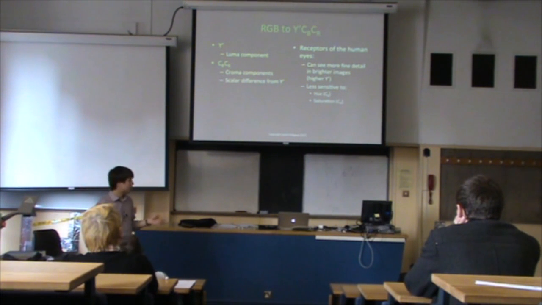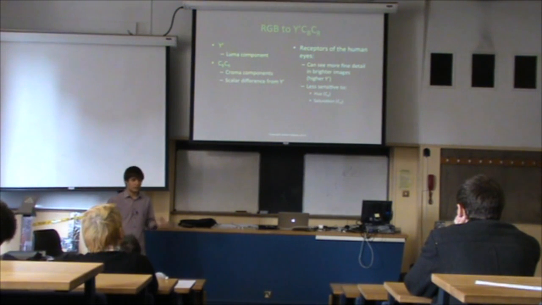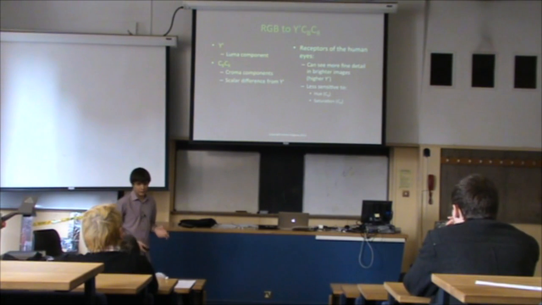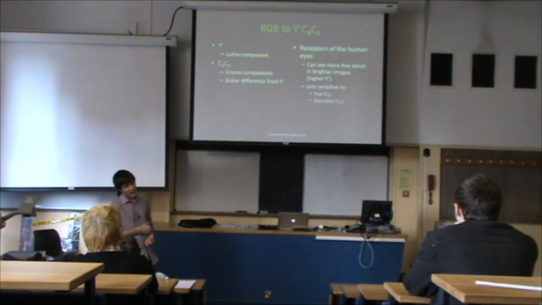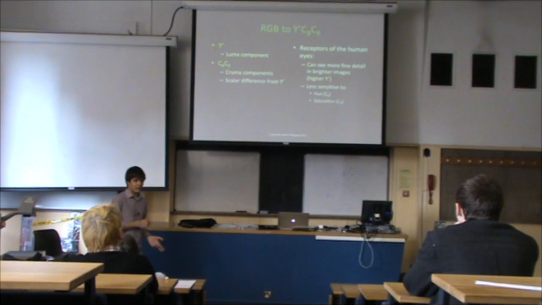You're more sensitive to the luminance of an image. Your eyes will pick up changes in brightness better than they will in other components like hue and saturation, which are represented by C subscript B and C subscript R, which I'll refer to as the difference in blue and the difference in red, respectively.